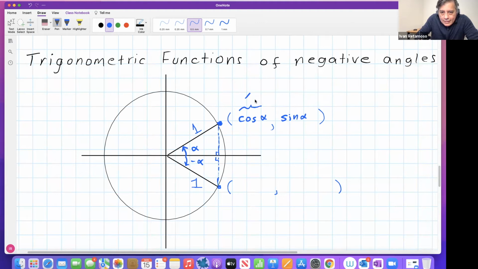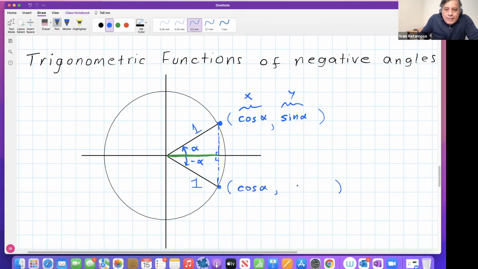This is x, this is y. But now, if you look down here, cosine of alpha and cosine of minus alpha should be the same because they have the same first coordinate. They share this. So this is still cosine of alpha.